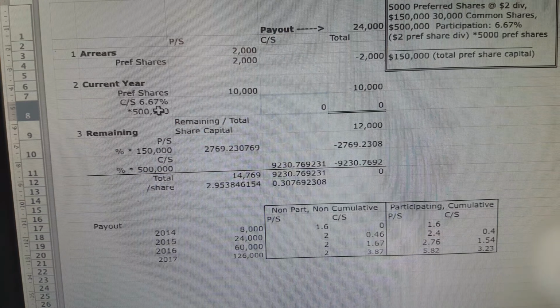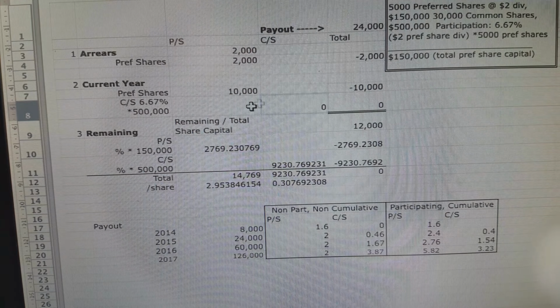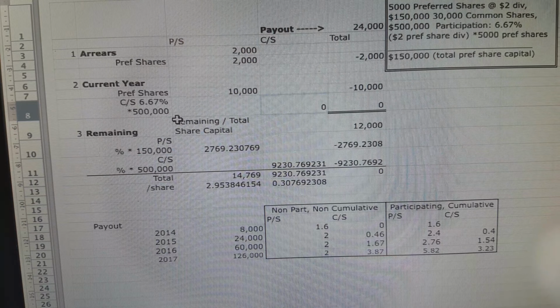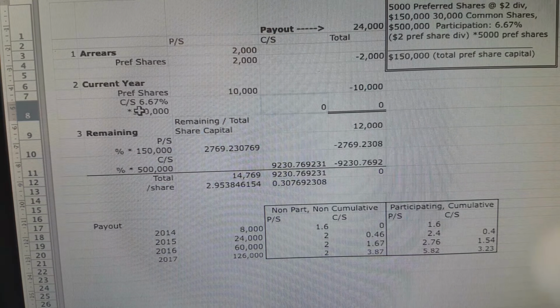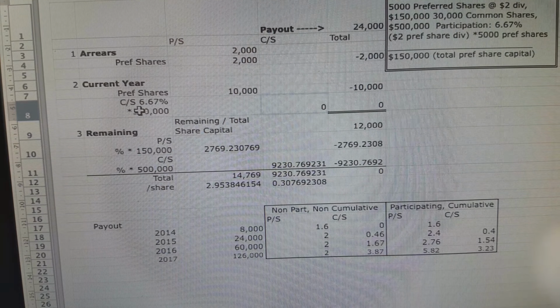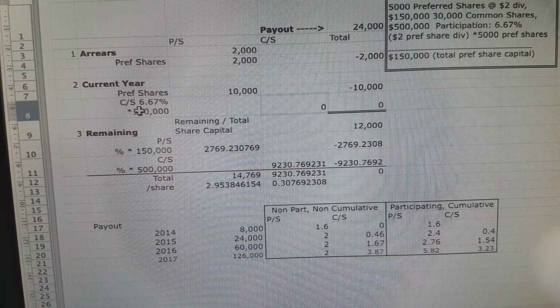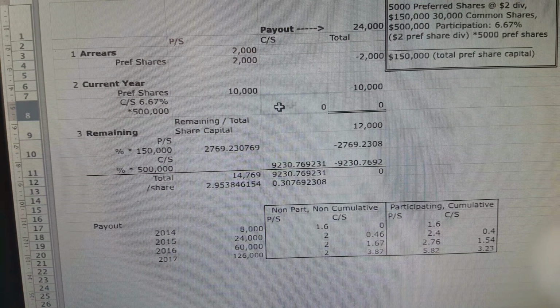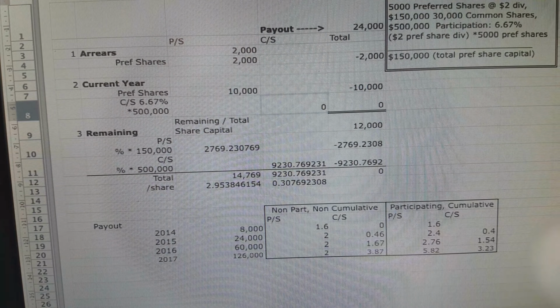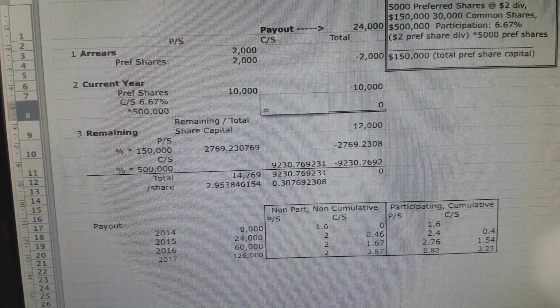The calculation of the participation amount is the participation rate, which we already determined before, multiplied by the amount of common shares, money, the word I'm looking for. So that would be, I deleted my formula. Way to go, Sheena.